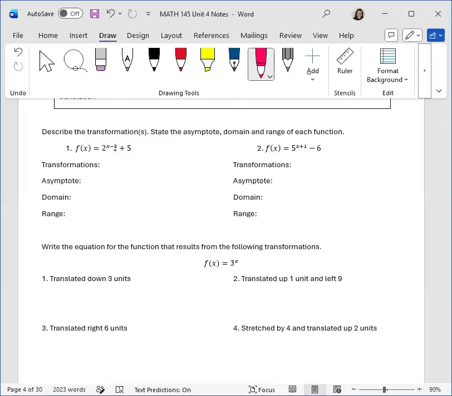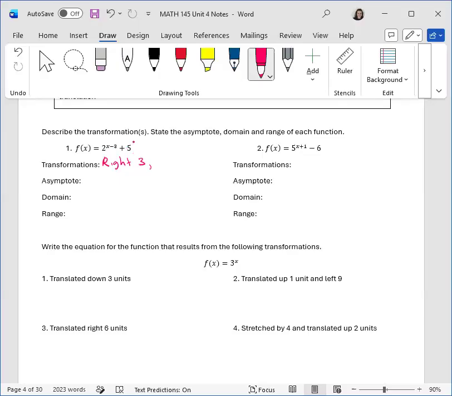And then this minus 3 is a transformation, and this plus 5 is a transformation as well. So remembering the ones with the exponent, those are going to be either a left or a right transformation. This one, since it says minus 3, is going to transform right 3 units.